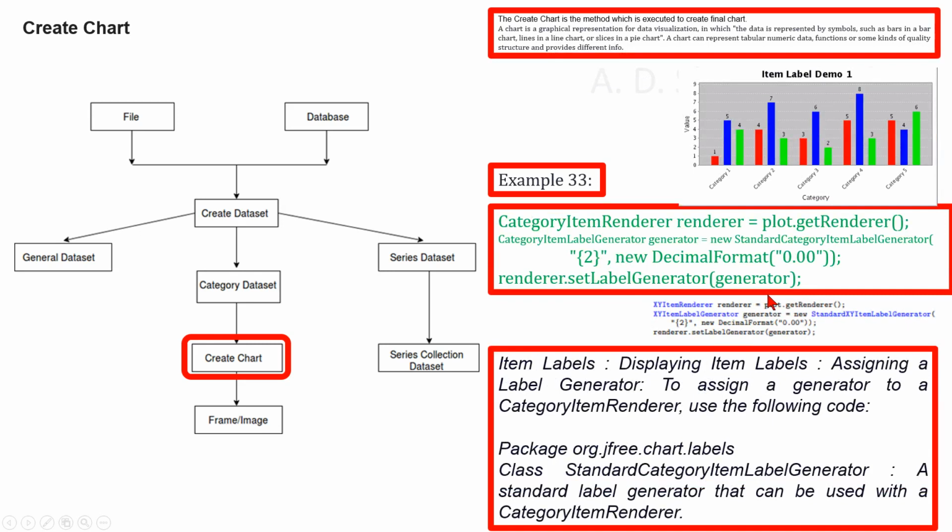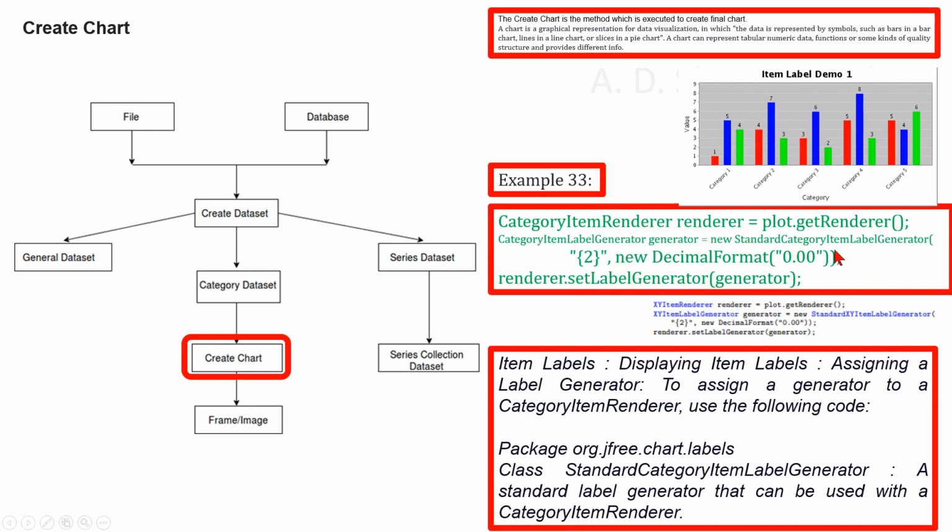Now we are considering assigning a label generator. In displaying item labels, to assign a generator to a category item renderer, use the following code.